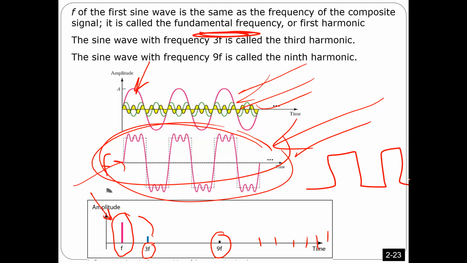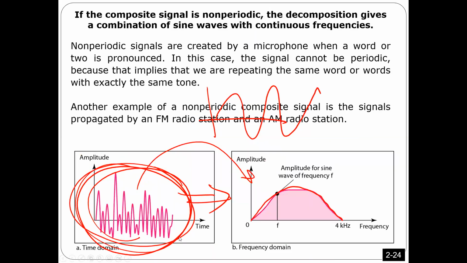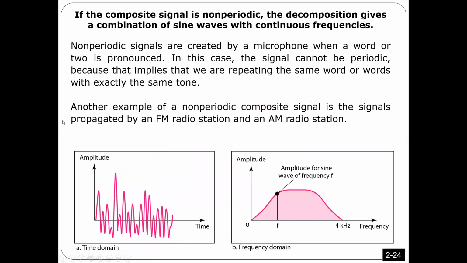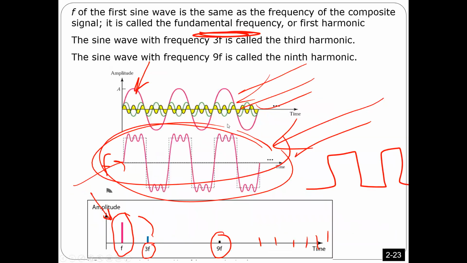Very simple. If the signal is periodic, don't think about it: if it is periodic, discrete right away. If it is not periodic, the frequencies are continuous. Any question?